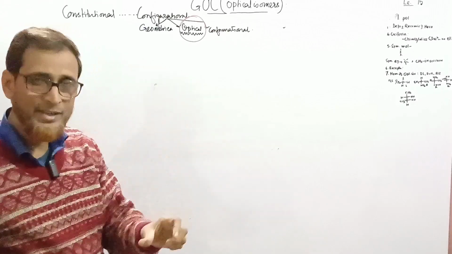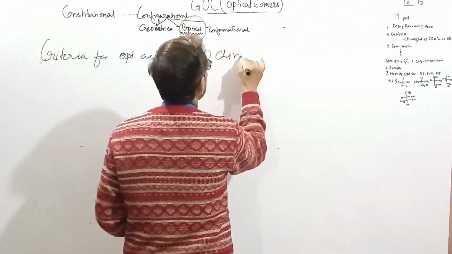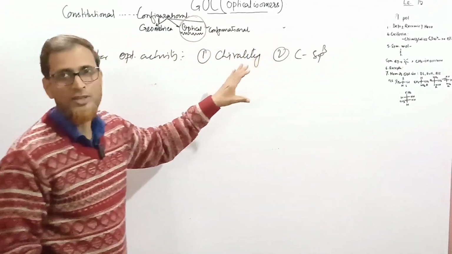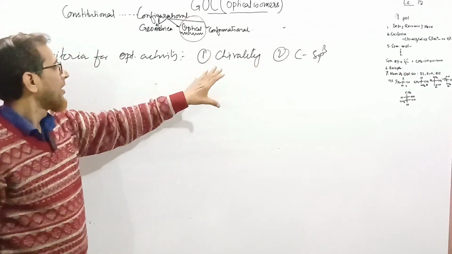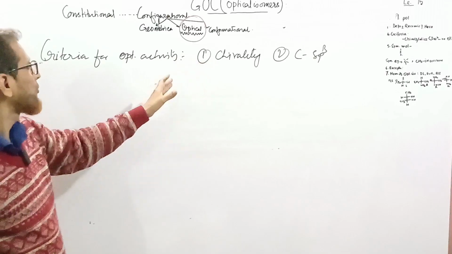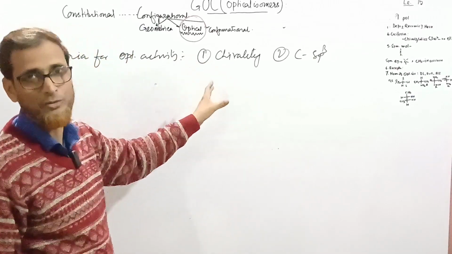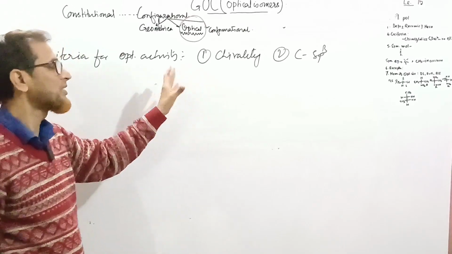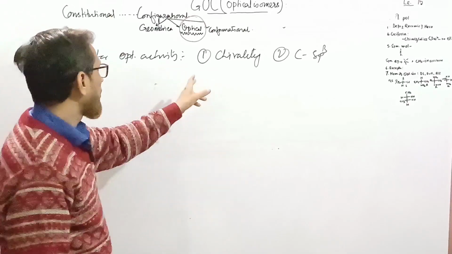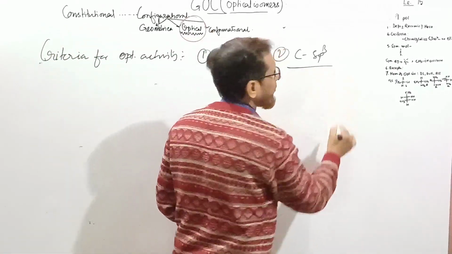So what are the criteria of optical activity? Besides a lot of points, I will point out two important striking points upon which you can very easily understand whether a compound is optically active or not, if the question is asked in the exam. One of the important criteria is chirality, and the other is the carbon which is chiral.